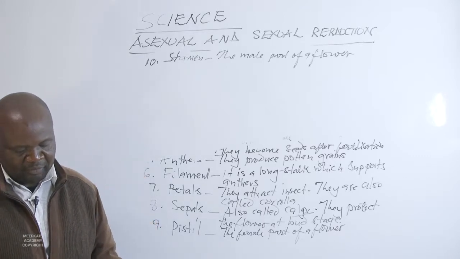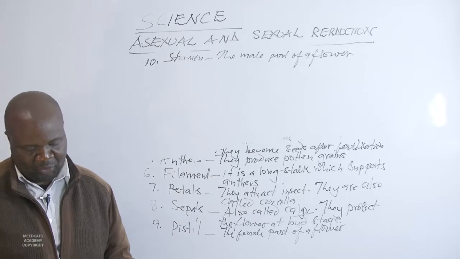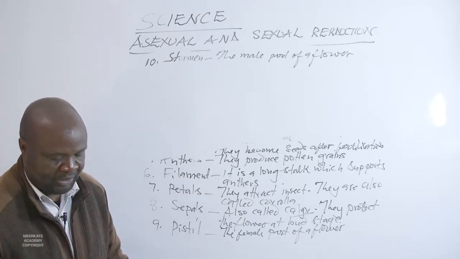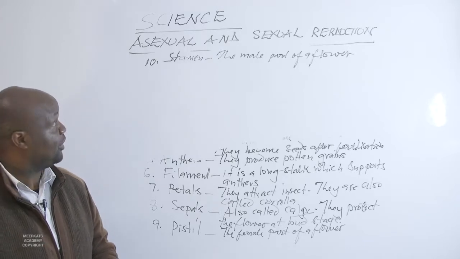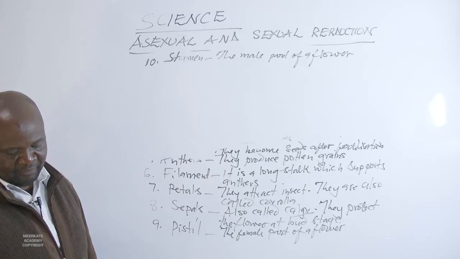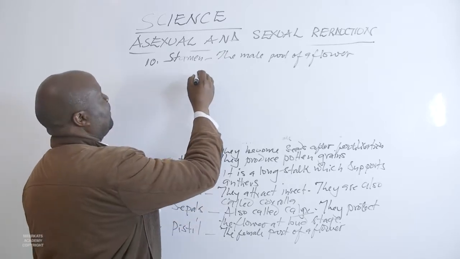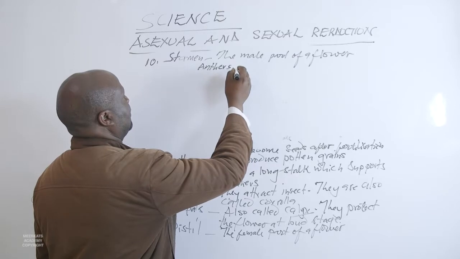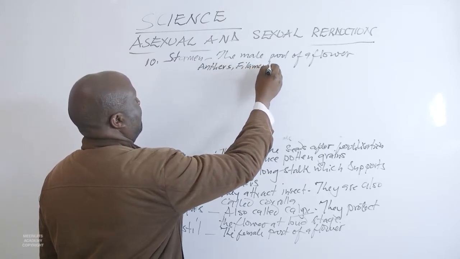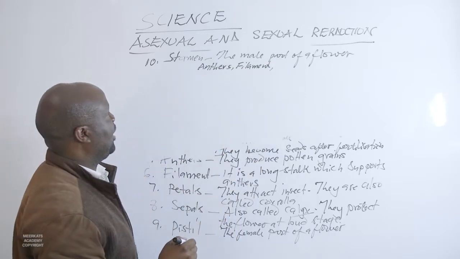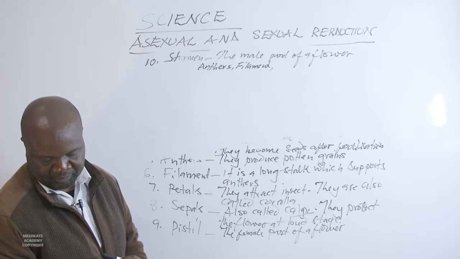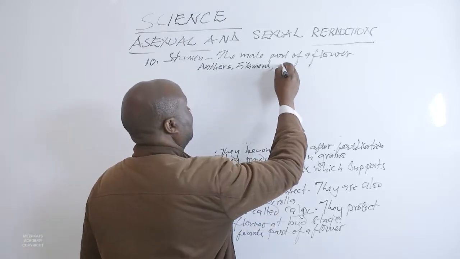The stamen consists of the anthers, the filament, and the pollen grains.